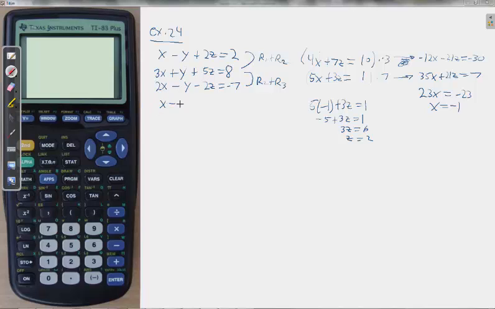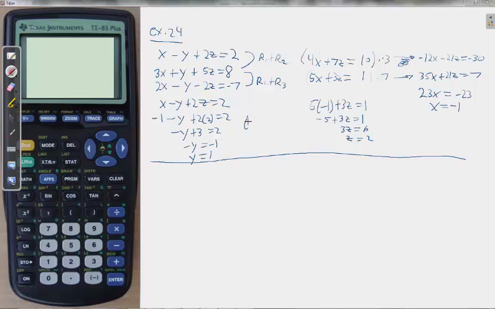So take x minus y plus 2z equal 2. Take x as negative 1 minus y plus 2 times 2 equals 2. So negative y plus 3 equal 2. Negative y equal negative 1. Y equal 1.